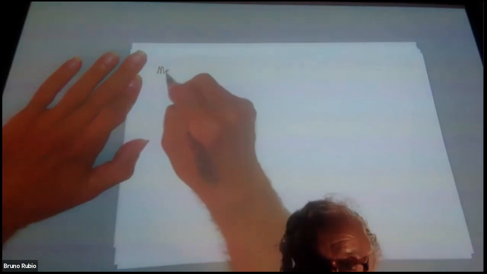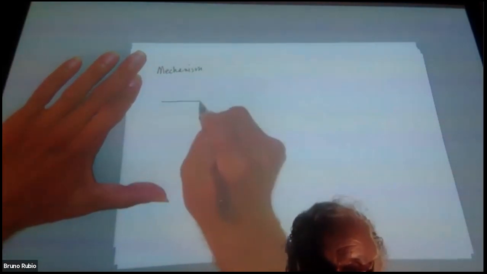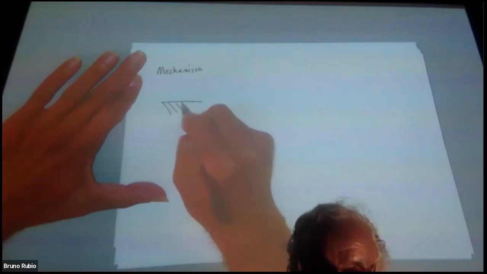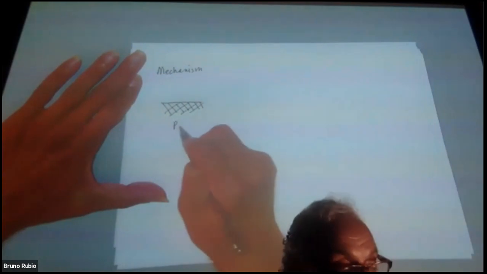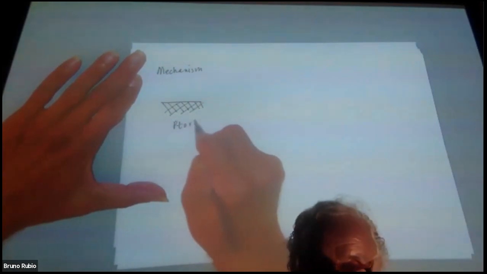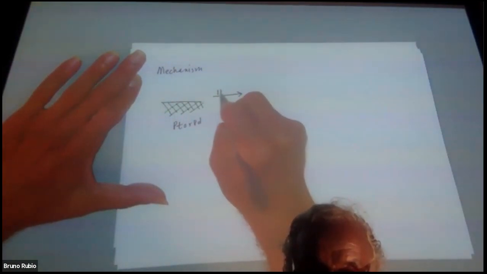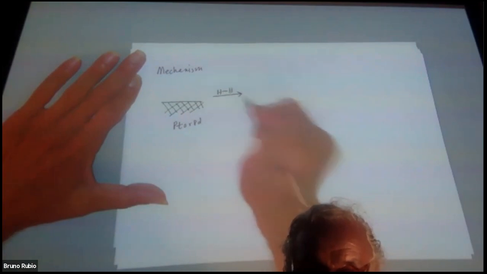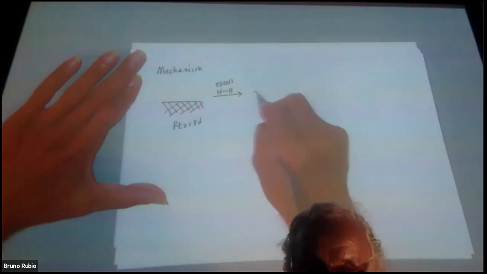Let's talk about the mechanism. We have our catalyst surface, which we're just going to represent like this. This could be the platinum or the palladium surface. And we dose it with hydrogen gas, excess hydrogen.